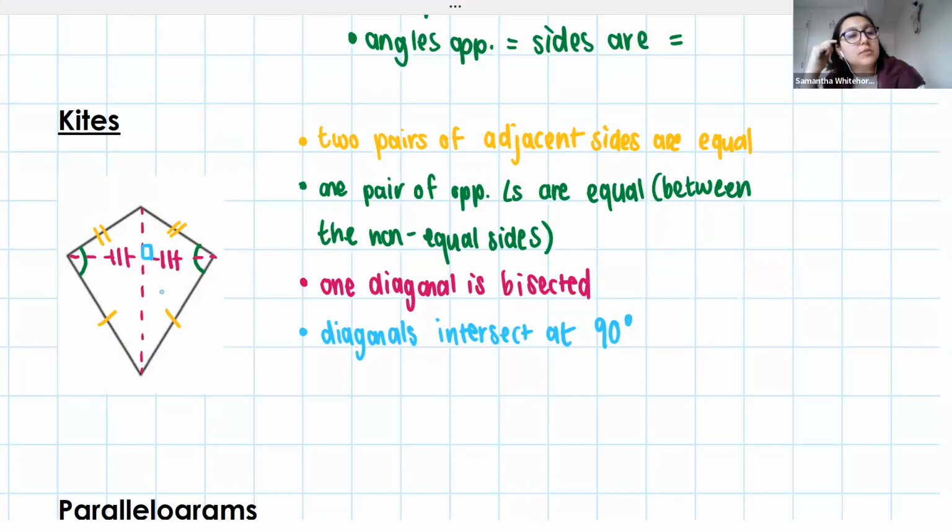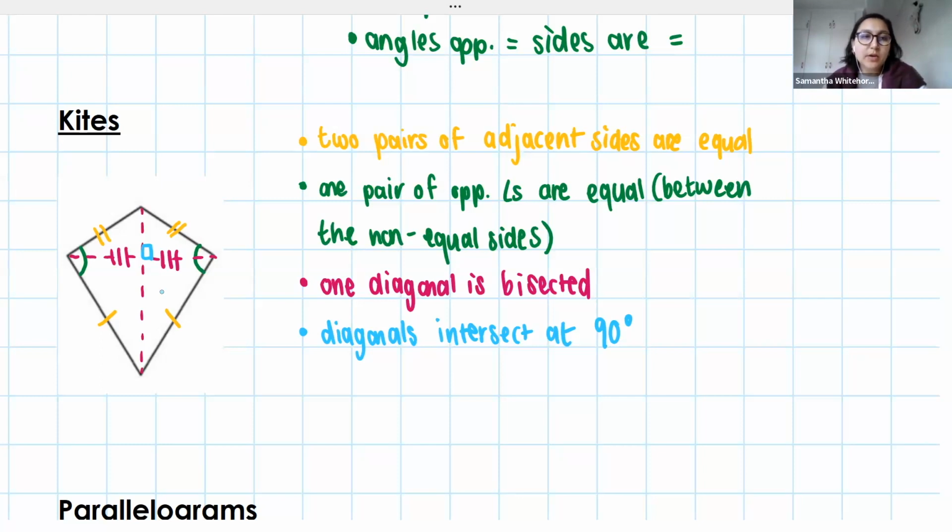Now, guys, that's important because basically what happens is if you're drawing your diagonals, you end up with 4 right-angled triangles. And when we have right-angled triangles, if now, for example, we get to measurement and we start talking about finding a missing length, theorem of Pythagoras then becomes quite important in a right-angled triangle. So we need to start making all of these connections with the information that we know and information that we're eventually going to learn in order to start applying or using the characteristics of my quads.